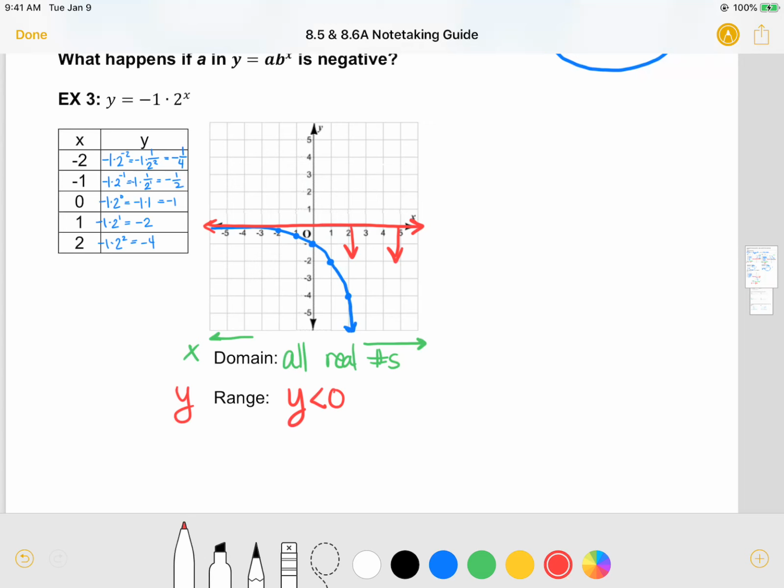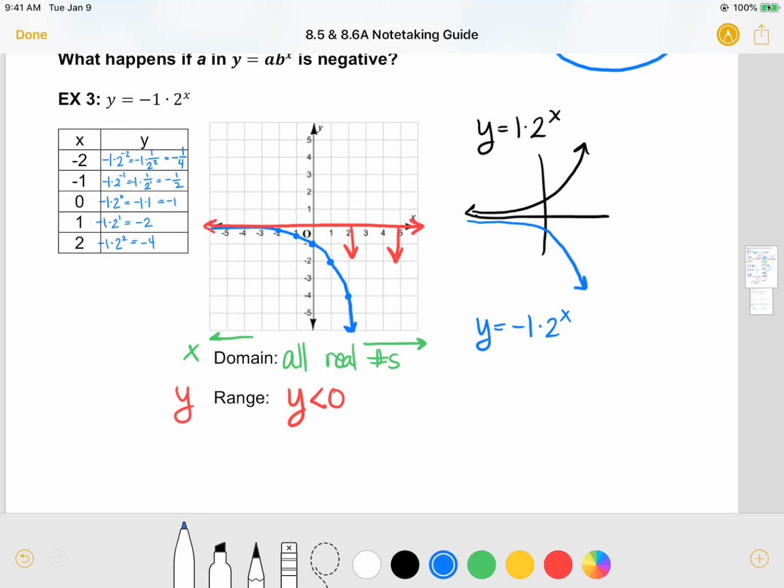Okay? Now comparing this to our first function, y equals 1 times 2 to the x power, that graph looked like this in example 1, but now our graph of y is equal to -1 times 2 to the x looks like this. Okay?